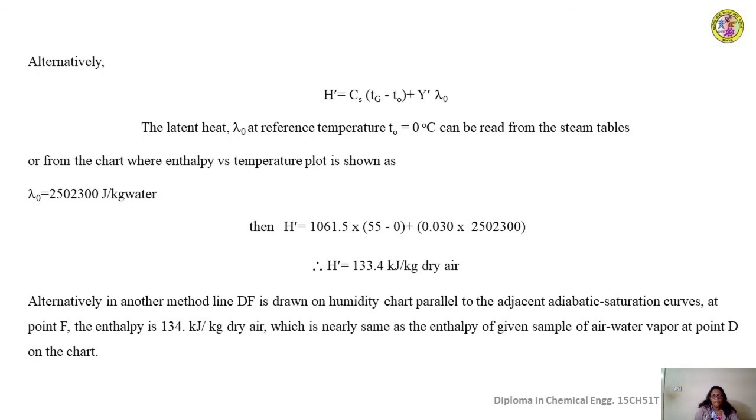In fact, we are supposed to use the line DF, the adiabatic cooling line that has been drawn from the point where the dry bulb temperature and humidity value lines are meeting. From point F, the enthalpy is read as 134 kilojoules per kg dry air, which is nearly the same as the enthalpy of the given sample of air water vapor at point A on the chart.